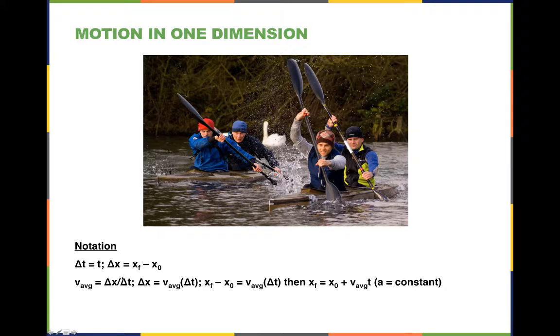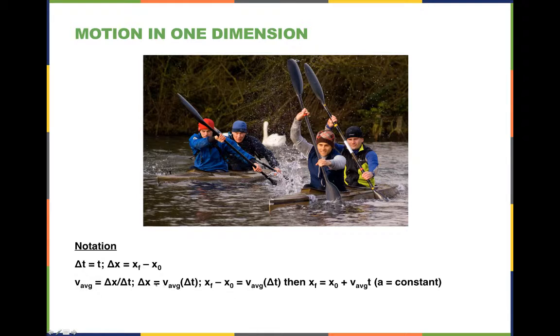So if we rearrange this, moving this delta over here, we have delta x, or the displacement, is going to equal the average velocity times the elapsed time, which makes sense. If you walk 3 miles an hour for an hour, your displacement is 3 miles.